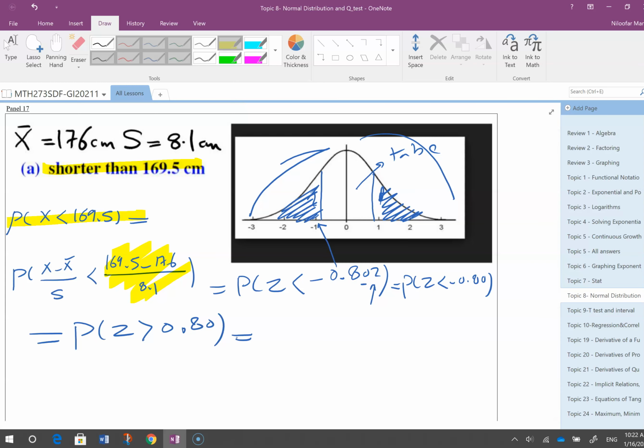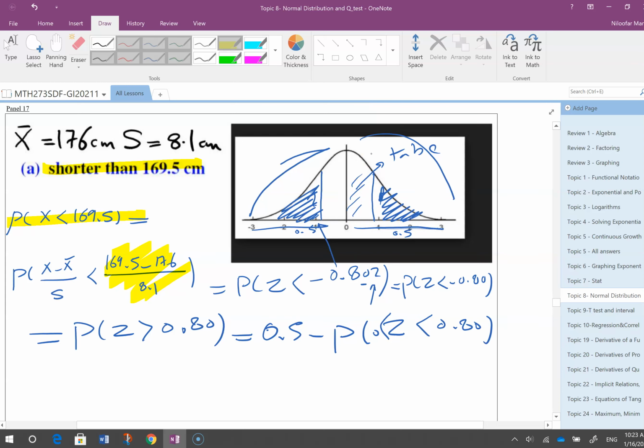So this part is half and this part is half, because the probability of the whole is 1. So the probability is half minus probability z from 0 to 0.80, because it is half, which is here, minus this part.